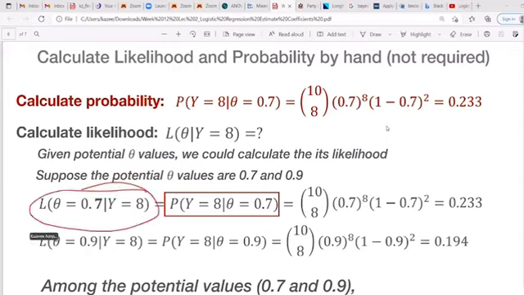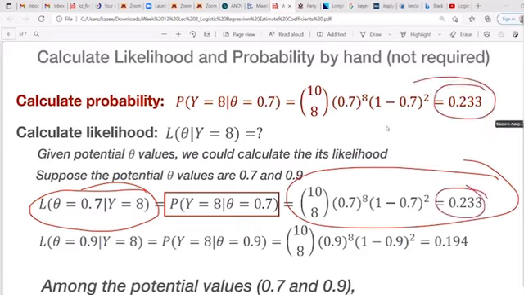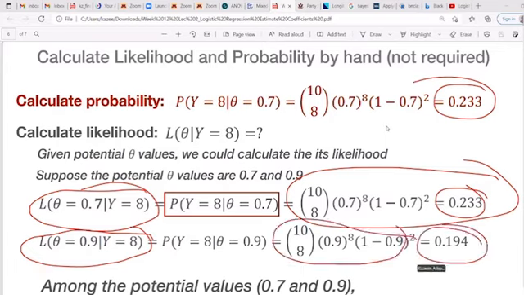When theta is 0.7 and y equals 8, I'm going to use the binomial formula again and plug that in, and this is what I got. When it is 0.9 and I use the binomial formula again, what did I have? That gives me 0.194.